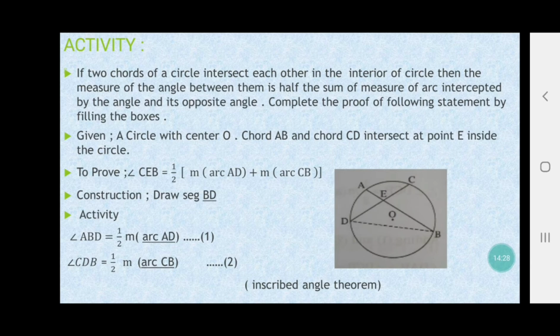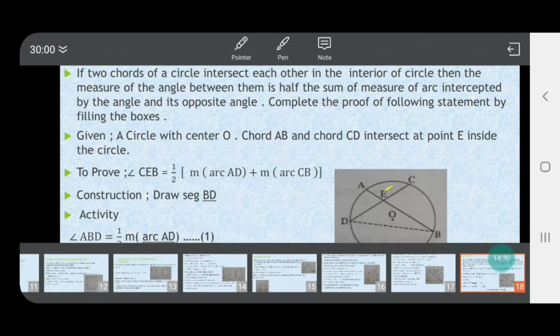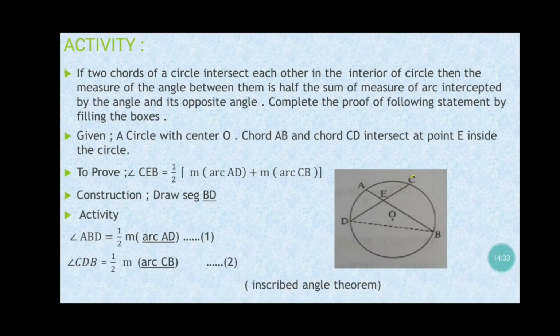Angle CEB is the exterior angle of triangle EDB. As it is an exterior angle, angle CEB will be equal to the sum of these two remote interior angles, that is angle EDB plus angle EBD.